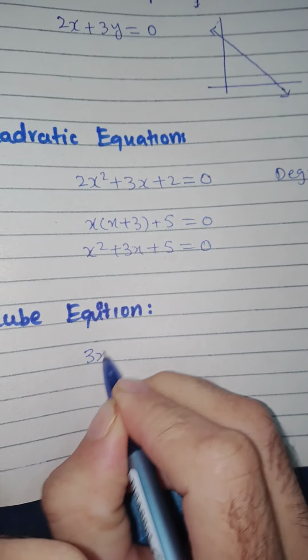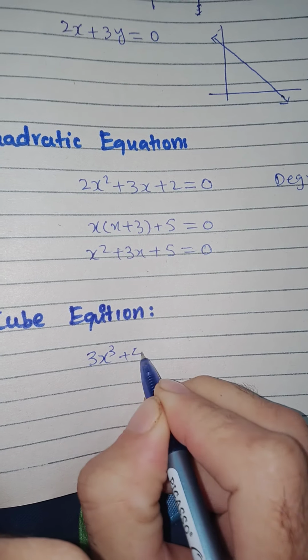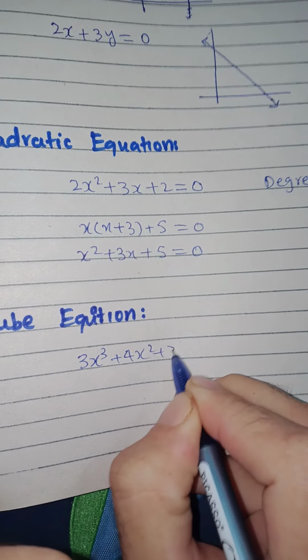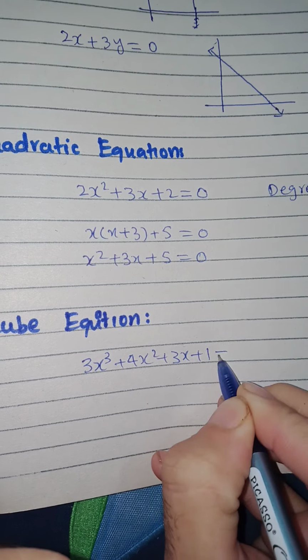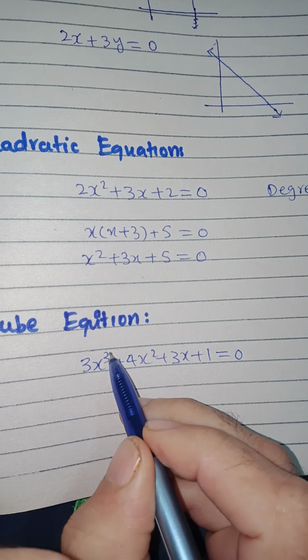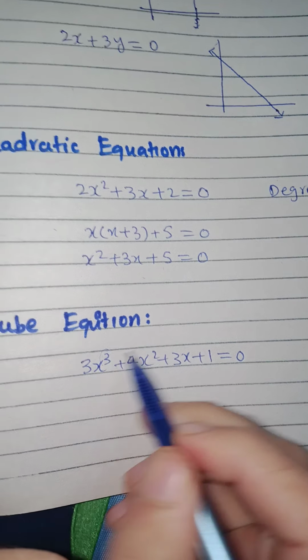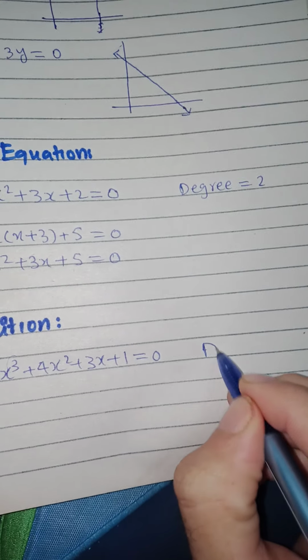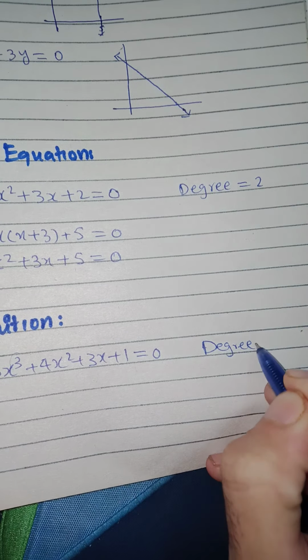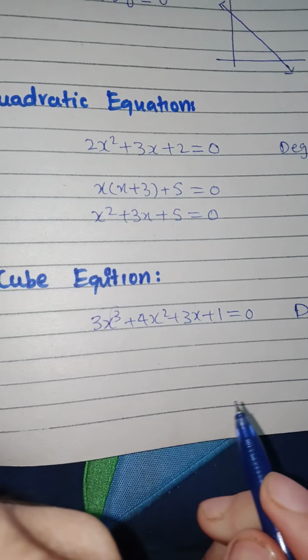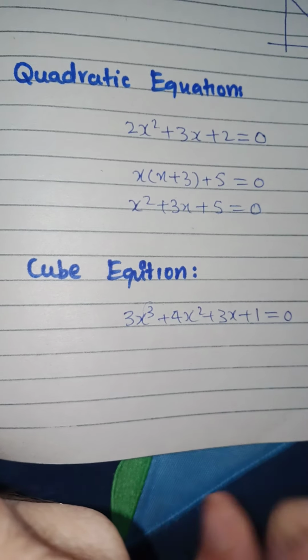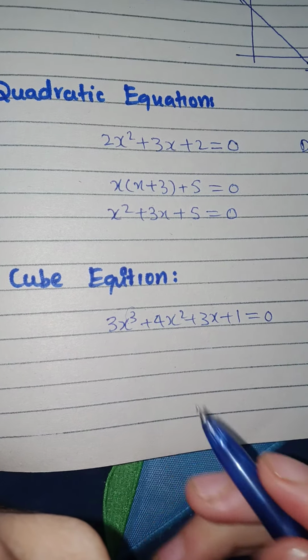For example, 3x cubed plus 4x square plus 3x plus 1 is equal to 0. The degree of this equation is 3, so we can say that this equation is a cubic equation.